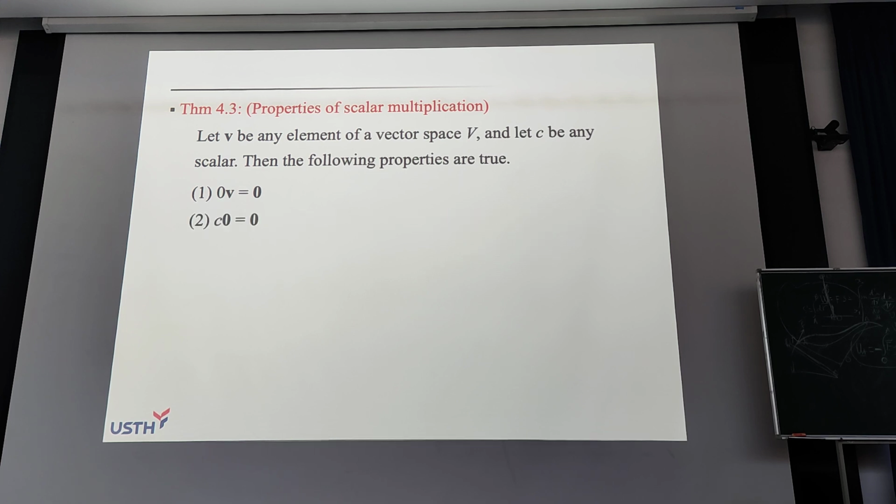If we take c multiplied by the zero vector, nothing changes. Again, you get the zero vector. And if we take any number c multiplied by any vector v, and you get the zero vector, then it implies c is the zero number, or v must be the zero vector. You cannot have another choice. And if you take minus 1 multiplied by v, you will get the negative of v. So that is the property of scalar multiplication.